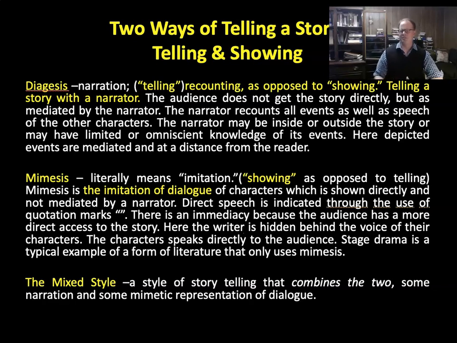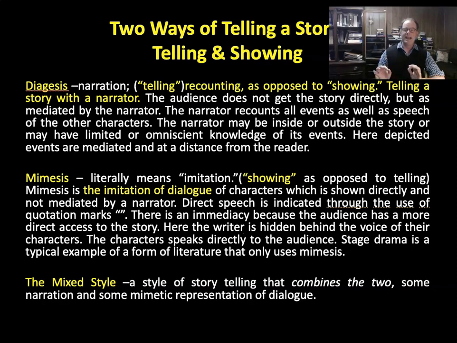I'm not sure Plato would have called it literary criticism, but it falls under that category today within the university, right? So these two words, diegesis and mimesis, actually mean something pretty simple. And they have to do with two ways of telling a story. And once I explain them, you'll see that you already know what they are, but you just haven't used these words, right? Diegesis means narration, right?